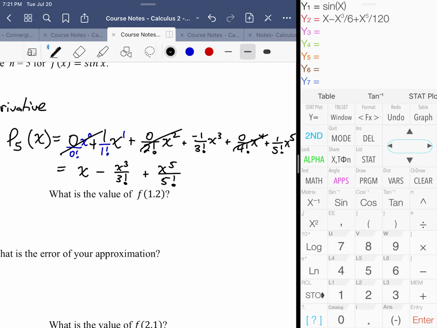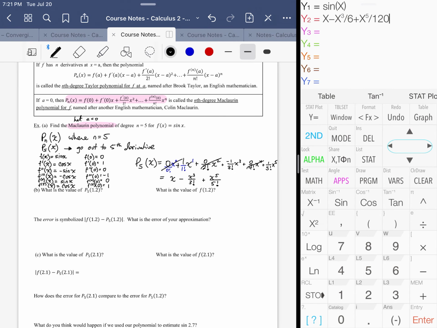All right, x minus x cubed over 6 plus x to the 5th over 120, which is what I stated on the previous page, was a polynomial approximation for the sine function. All right, so we've already got some visual evidence that this is going to be a valid approximation.